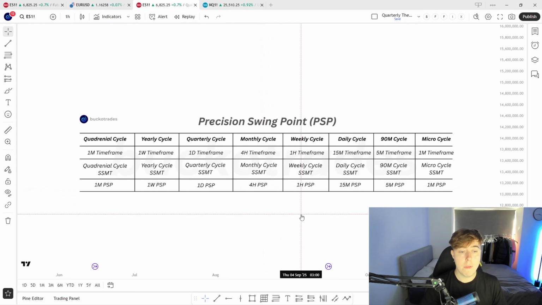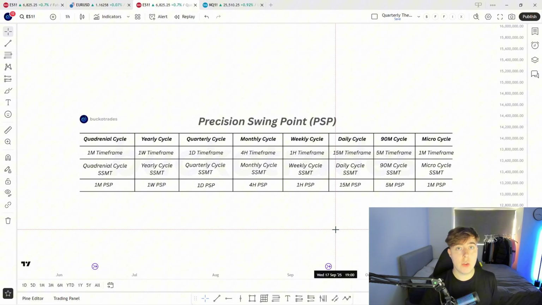We're looking for a 4-hour PSP formation to form, right? So no matter what cycle we're looking at, you guys know the time frames of the cycles. We essentially must see a precision swing point of that exact same time frame for that specific time cycle form after a sequential SMT, okay?